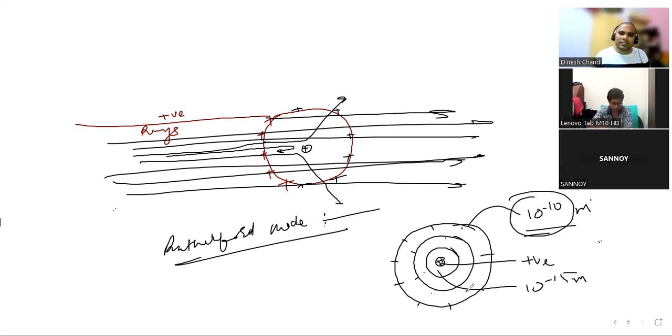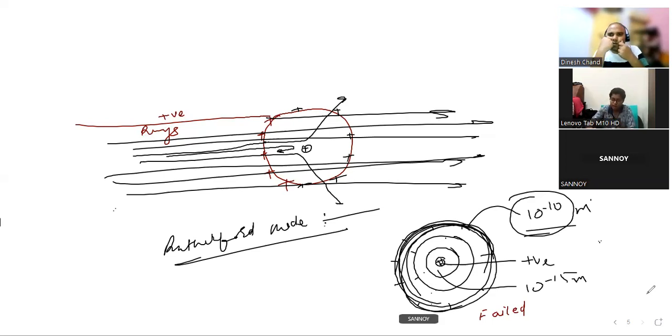How did this model fail? Why did this model fail? The major issue is that it could not explain the stability of the atom. If an electron moves like this, it would lose some of its energy.